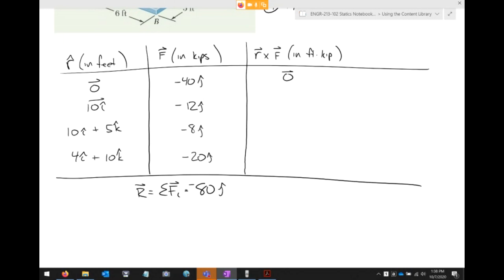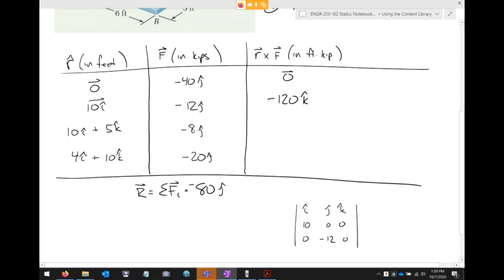Like if we cross out this, we're not going to get any I component. We're not going to get any J component. But what about the K component? What is that? Minus 120K? Is that what you get? Maybe minus 120K. Because see, it's going to be I, J, K, 10, 0, 0, 0, minus 12, 0.